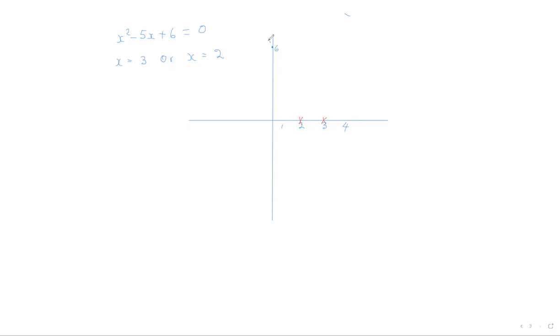Now, the graph can come this way. The graph can come that way.